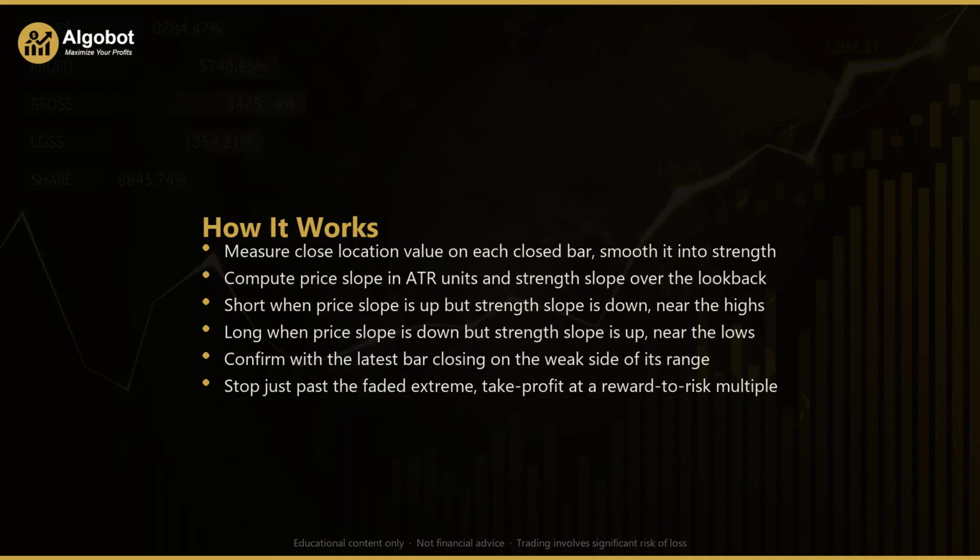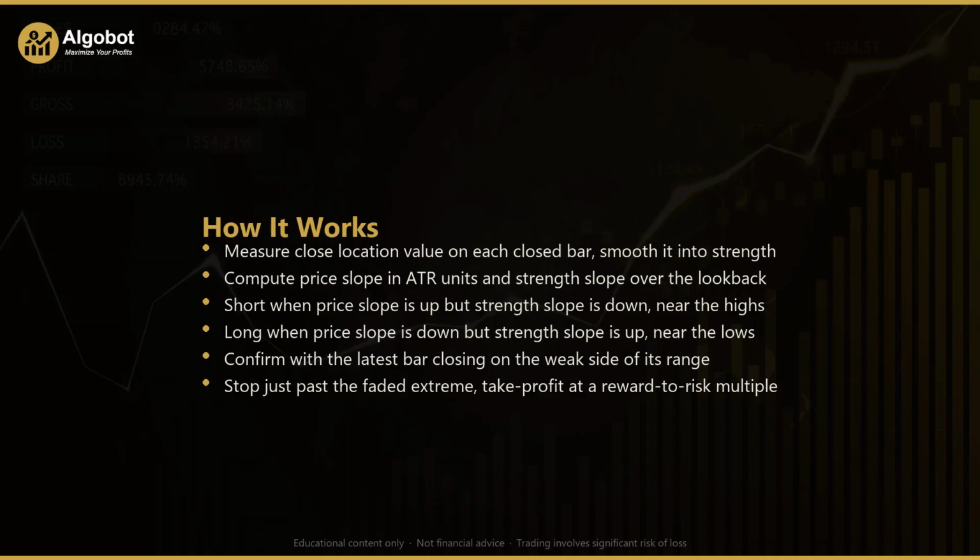It also checks the average true range over the ATR period, defaulting to 14, which it uses both for normalization and for stop placement. Now the entry conditions. For a short, the strategy signals a bearish divergence when four things line up at once. The price slope must be rising by at least the minimum price slope, which defaults to 0.05.